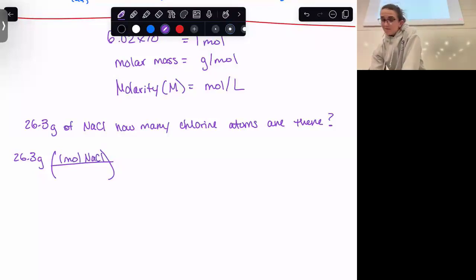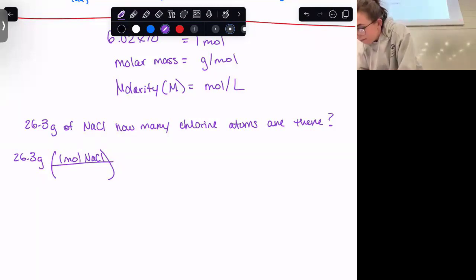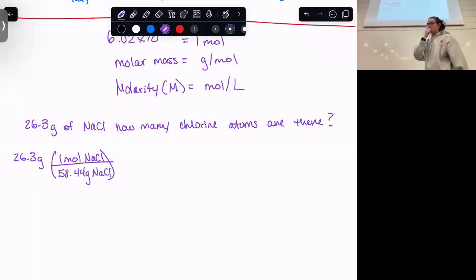I think this is 58. So in 26.3 grams of sodium chloride, the molar mass is 58.44 grams per mole.